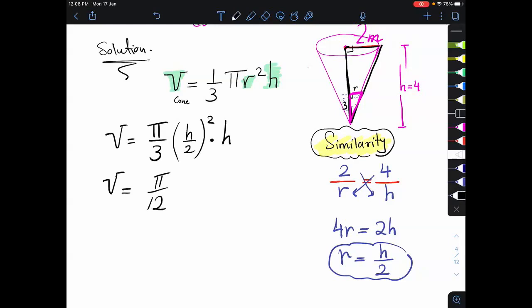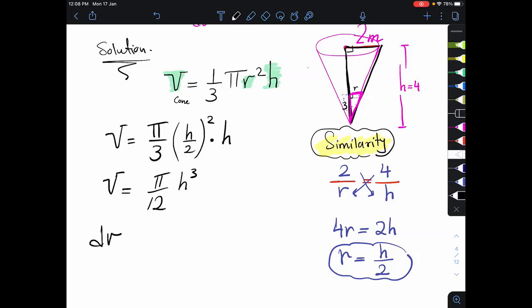Because you should square the h and square the 2. Squaring the h is h squared times the h outside is h cubed, and squaring the 2 is 4. 4 times 3 is 12.